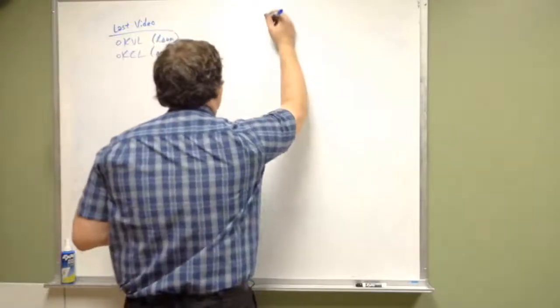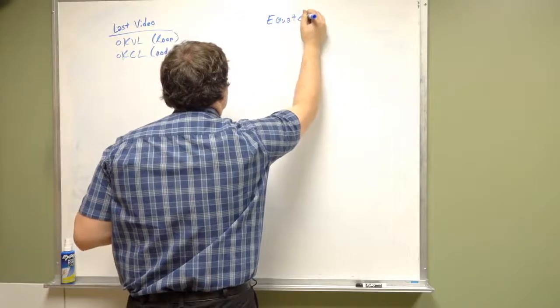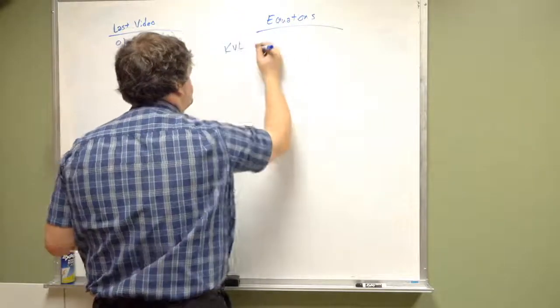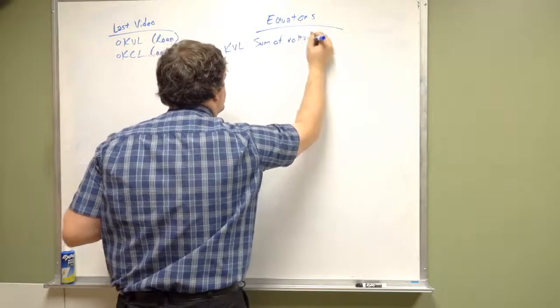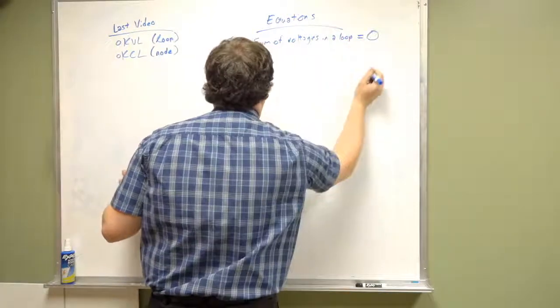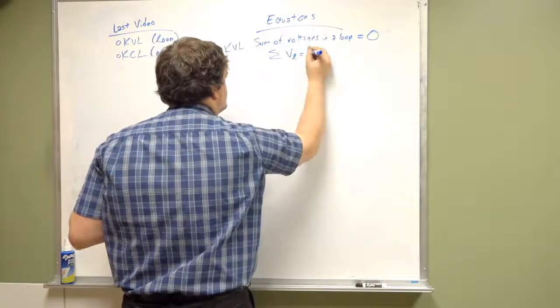All right, equation 1. We have KVL, sum of voltages in a loop equals 0. And then we can just say sum of voltages in a loop is equal to 0.